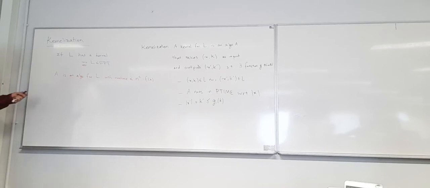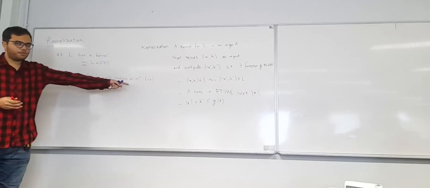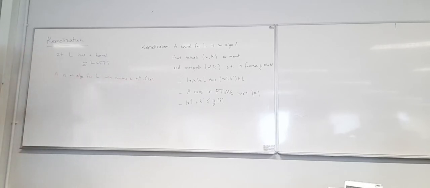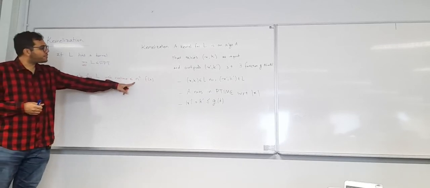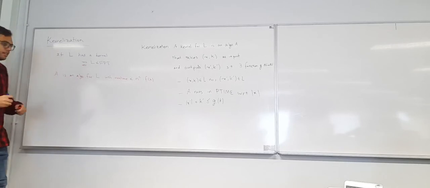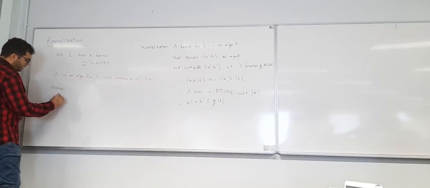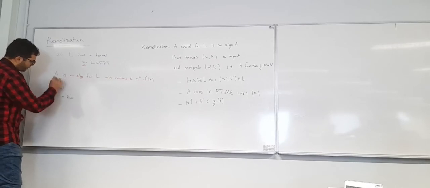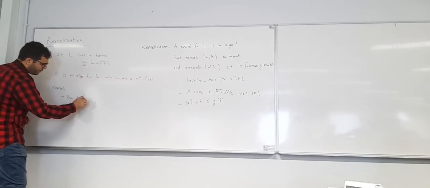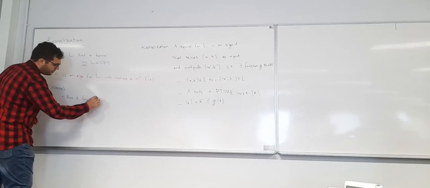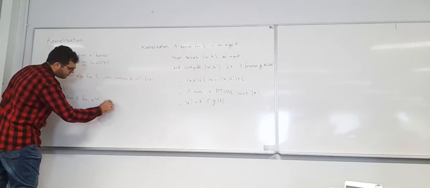Now, I don't know anything about what this algorithm does. I just know that its runtime is FPT. Now I just say, take this algorithm. I want to create a kernelization. I say, take this algorithm A and run it for n to the power of c plus 1 steps. Okay? So this is my kernel. I say, run this algorithm A for n to the power of c plus 1 steps.